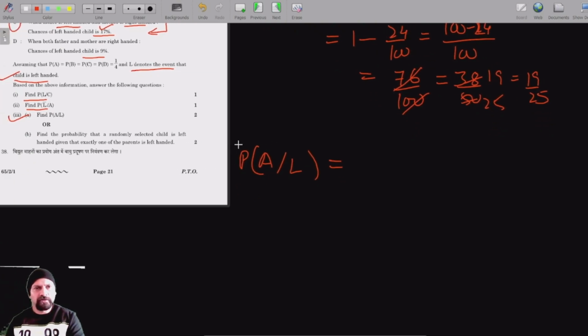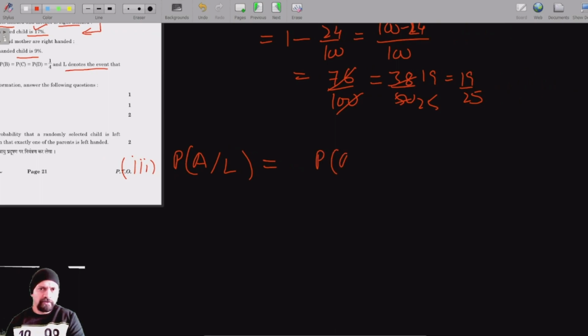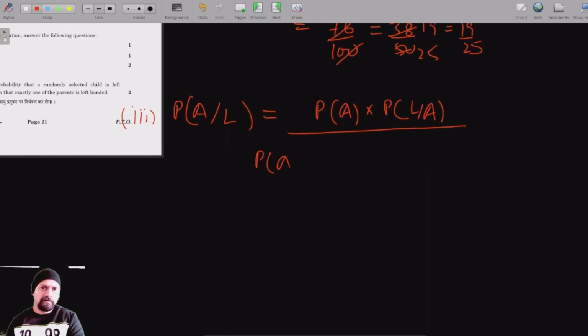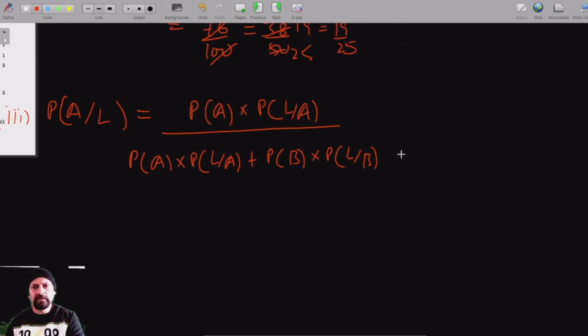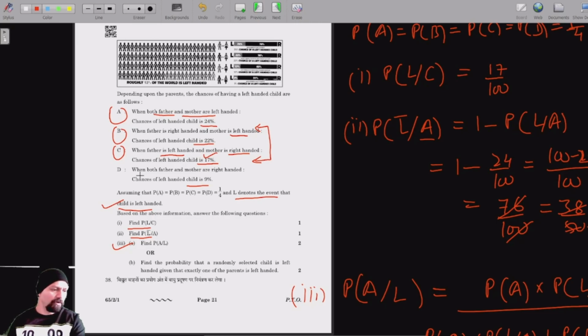For this we are going to use the Bayes theorem, which says it is the probability of A into probability of L by A, divided by probability of A into probability of L by A plus probability of B into probability of L by B plus probability of C into probability of L by C.